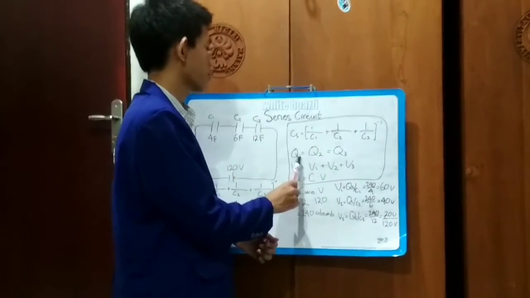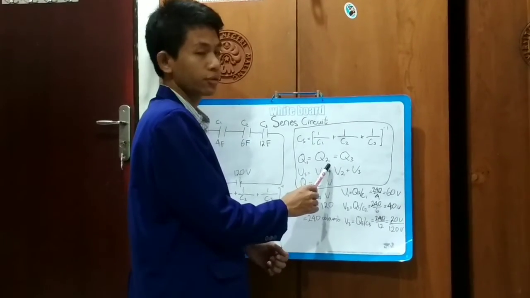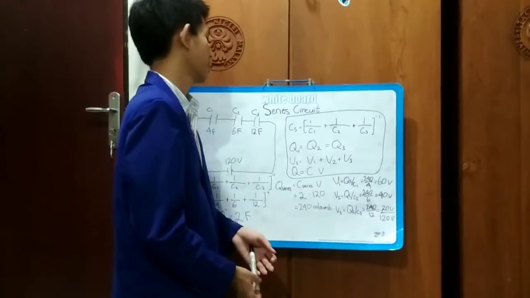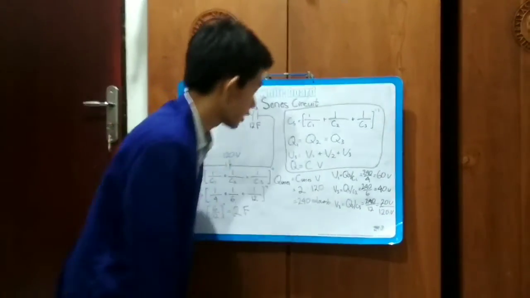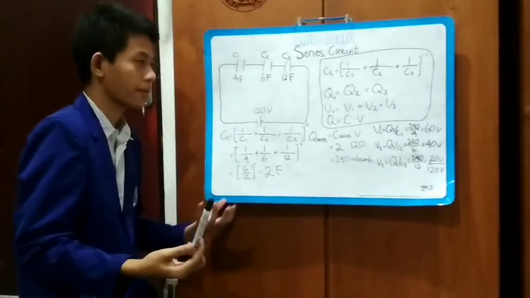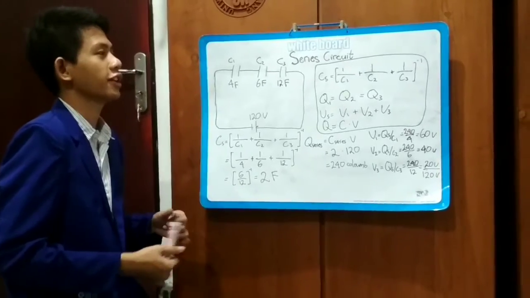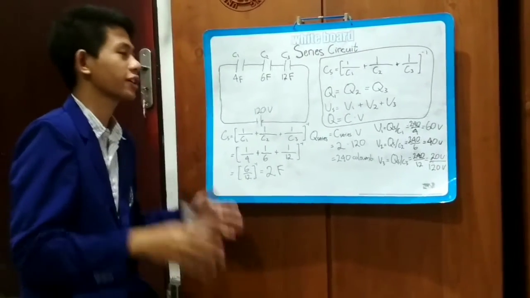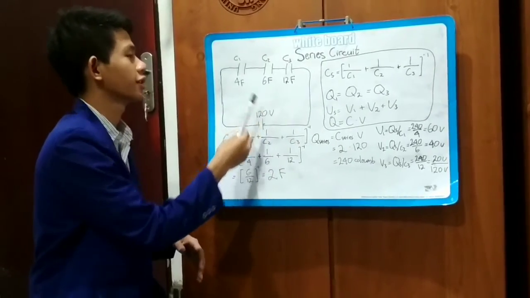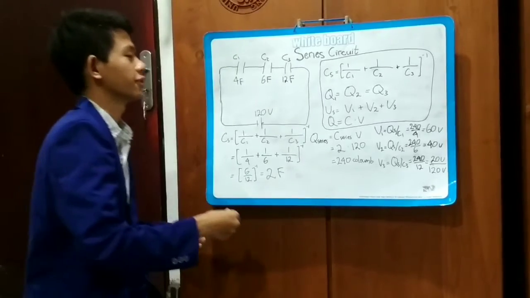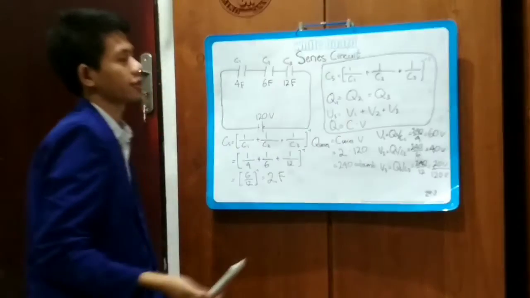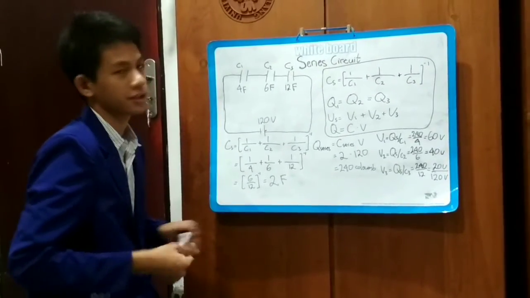So charge 1 is equal to charge 2, charge 2 is equal to charge 3. So that is the formula. Then how much voltage in this series circuit? So the voltage in series circuit is just simply, you can sum all of the elements. So this is V1 plus V2 plus V3. That is the formula.